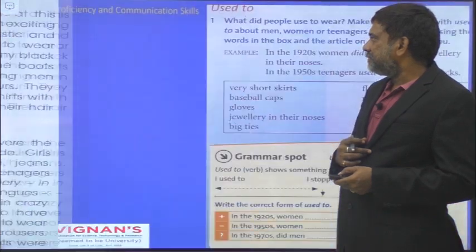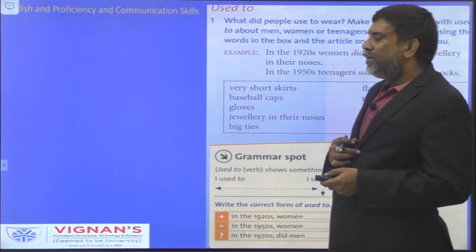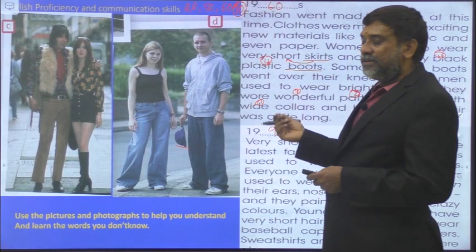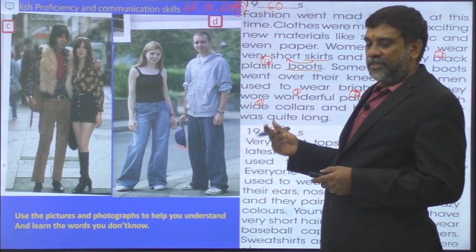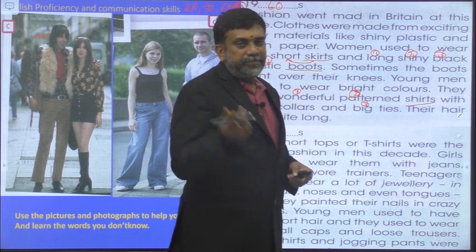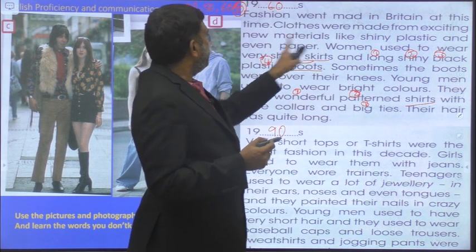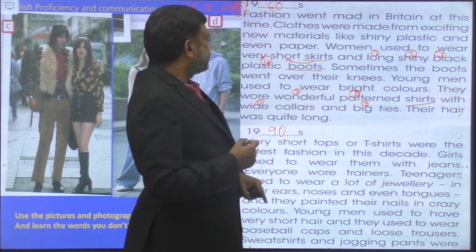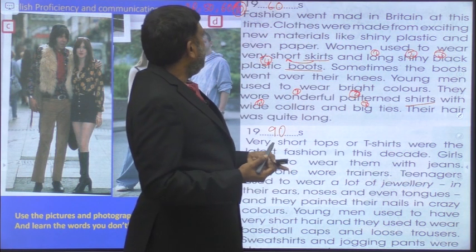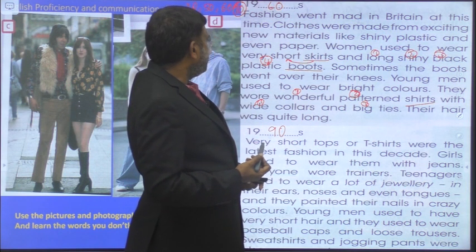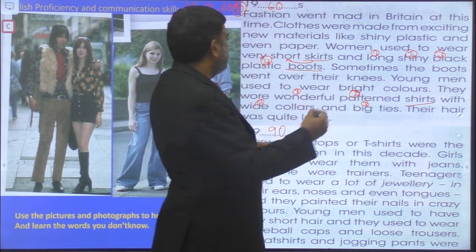Now, here again, fashion has changed. See here, in the previous two paragraphs also we saw used to. Did the writer use used to here? Definitely yes. Where can we see used to here? Even women used to wear.